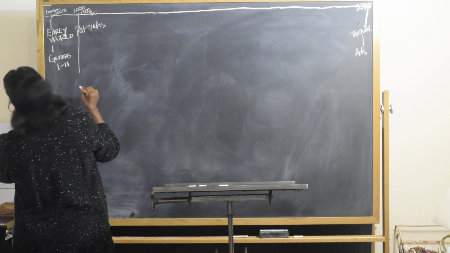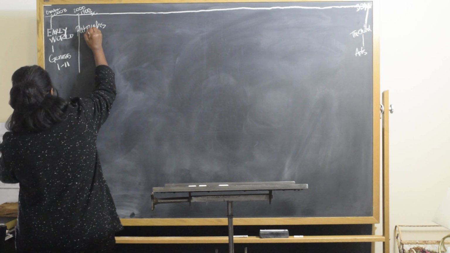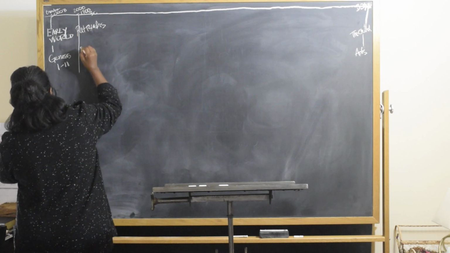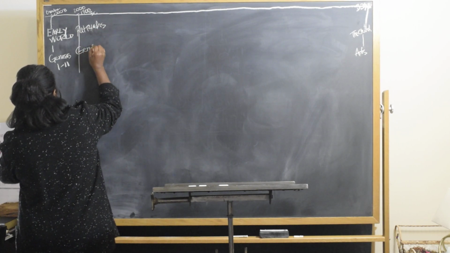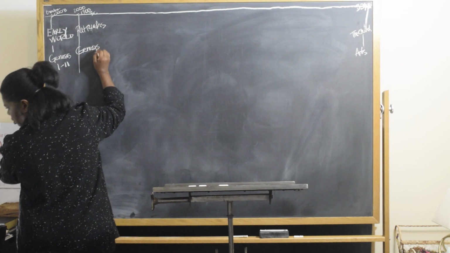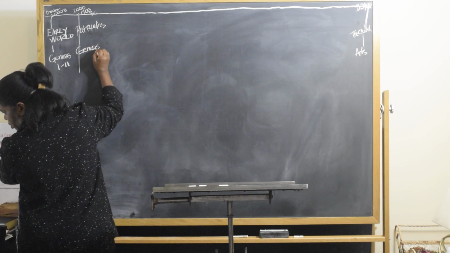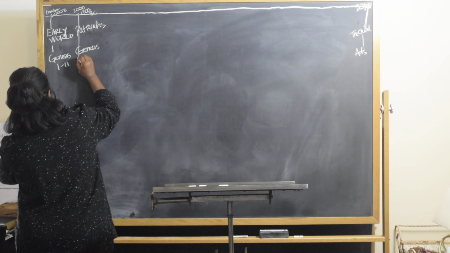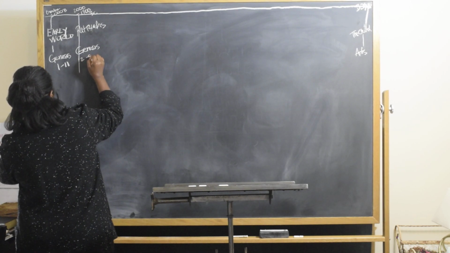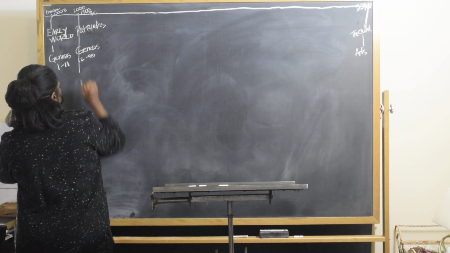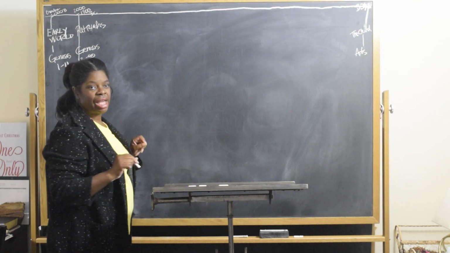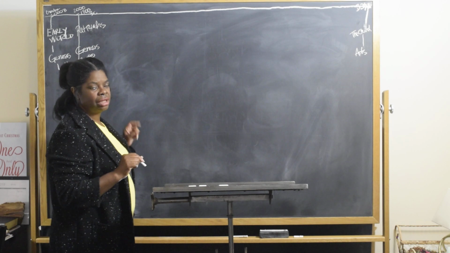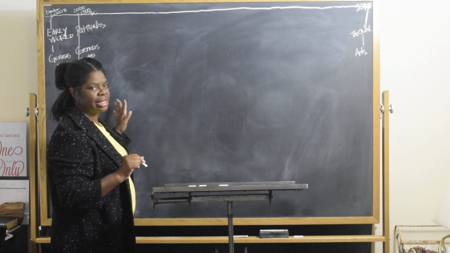And that is Genesis 12 through 50. Okay? That's what we have, the patriarch period. And that is still in the book of Genesis.